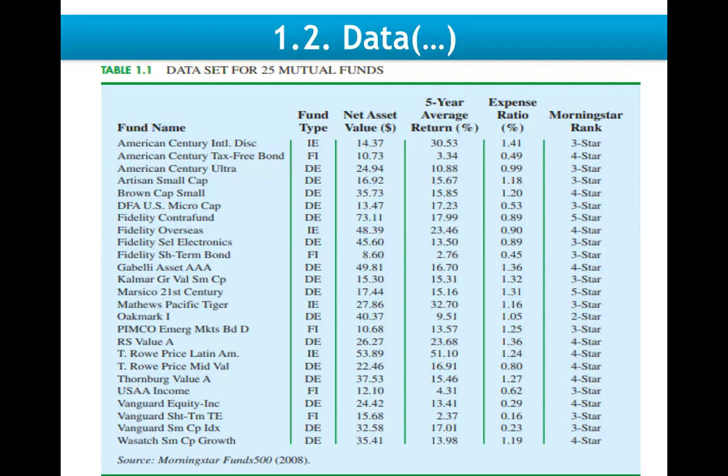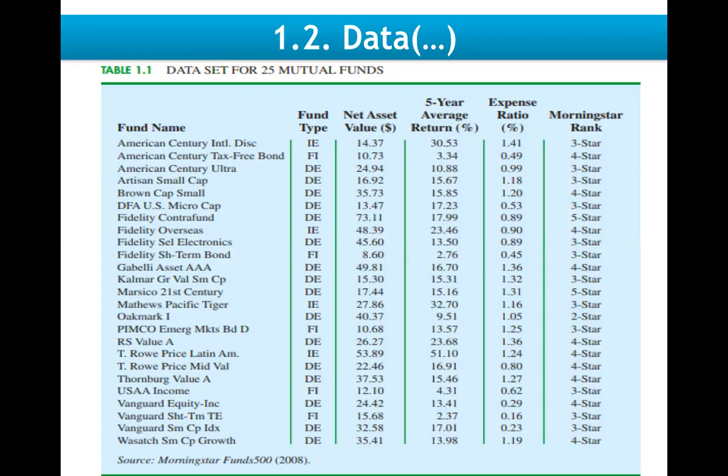Those are labels and names, so the scale of measurement is nominal scale, obviously. These are labels used to identify the category or type of fund.